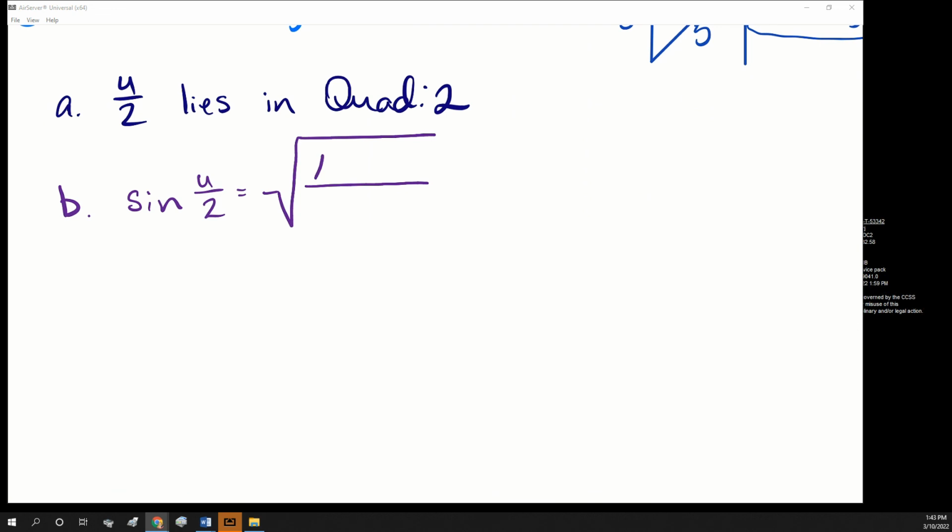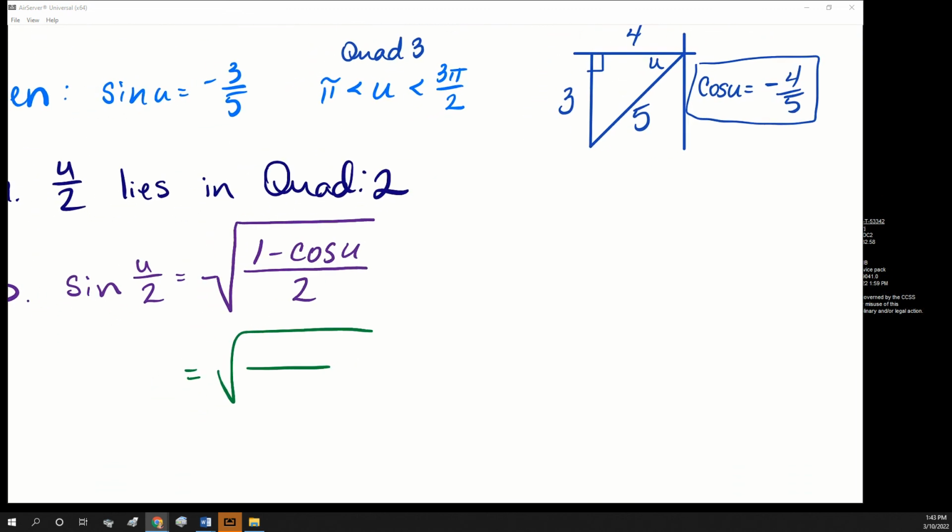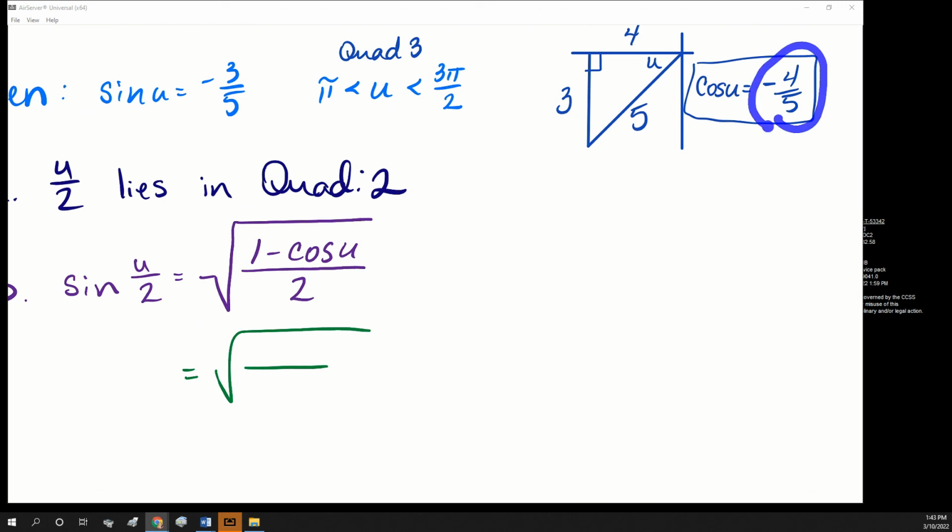All right, then I will just write the formula. And then we already found that the cosine of u is -4/5. So I can take that -4/5 and just put it in the place of cosine of u. So it'd be 1 minus -4/5 or 1 plus 4/5.